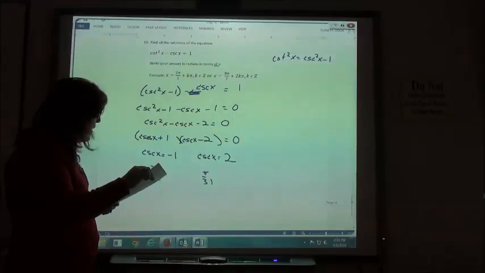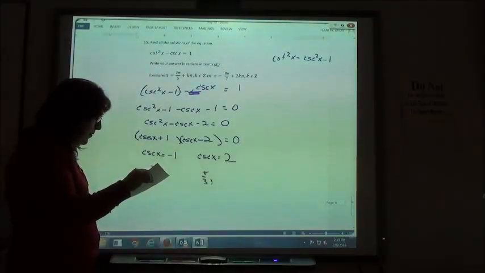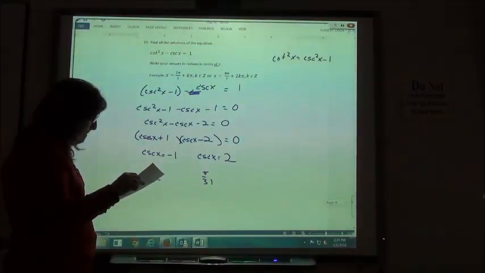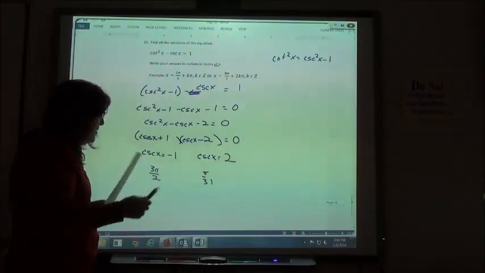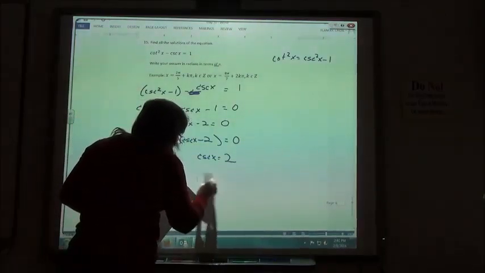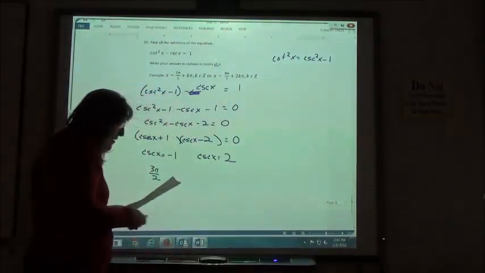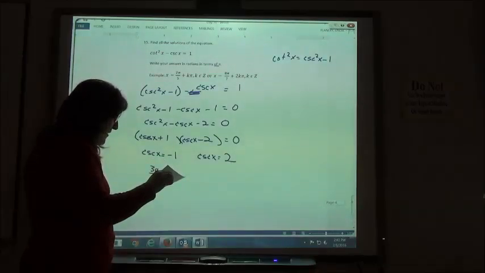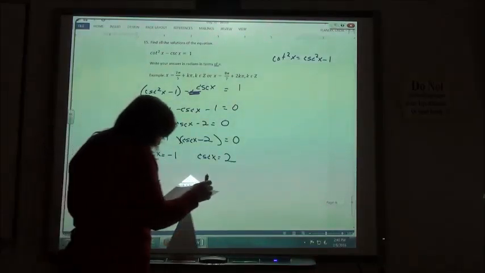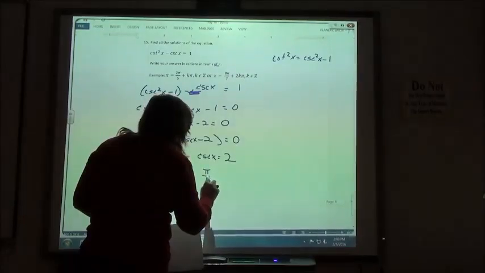Oops, that was under secant. Let's try that again. Under cosecant of x equals positive 2, I'm at pi over 6 or 5 pi over 6.